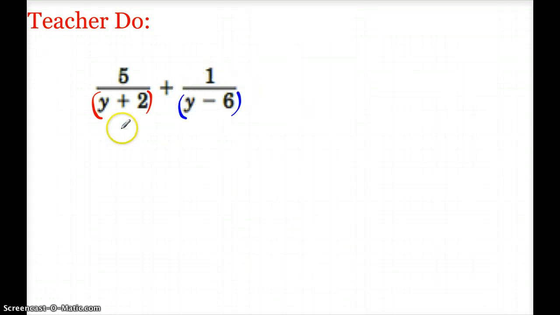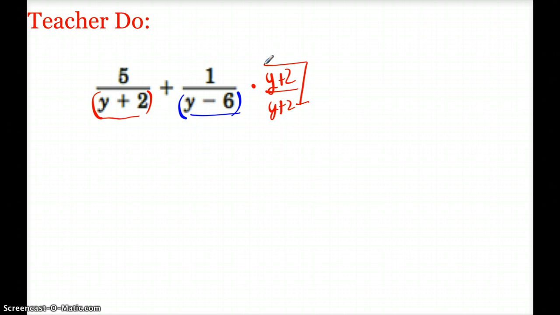Now this side, the right side, has a y minus 6. What it doesn't have is a y plus 2. So this one will get a y plus 2 over y plus 2. Now the left side of the equation has a y plus 2. It doesn't have the blue y minus 6. So I'm going to give it a y minus 6. Oops, y minus 6.